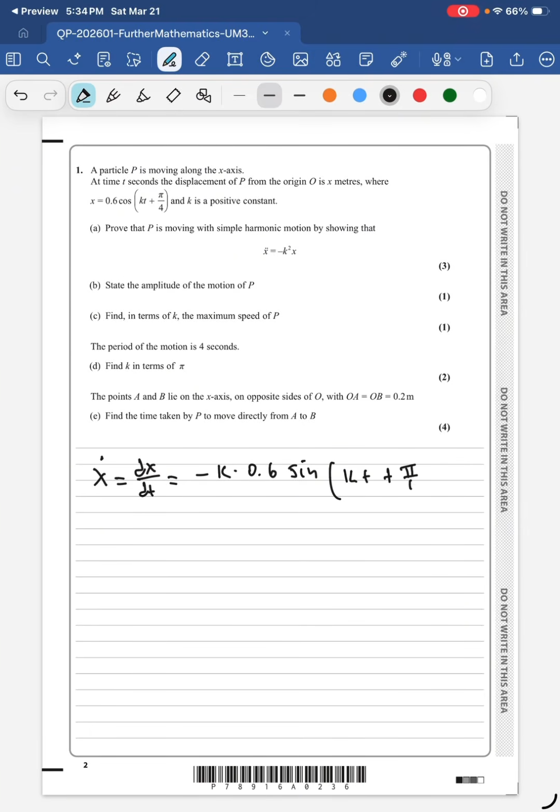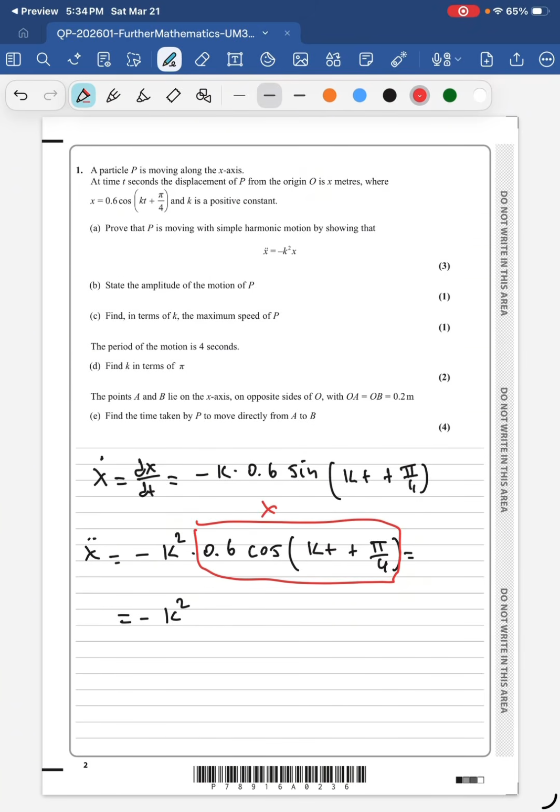Now the second derivative is minus k squared times 0.6 times cosine of (kt plus pi over 4), which is nothing but minus k squared x. You can recognize this as x, right? So minus k squared x. So we proved it. That's the first win in this paper.